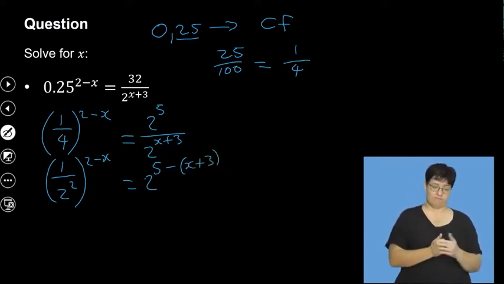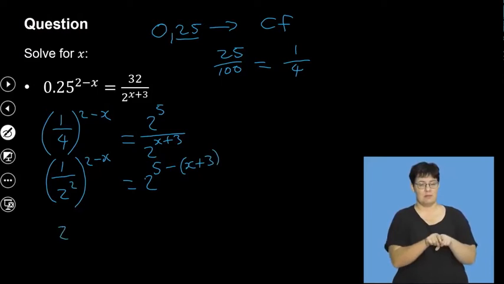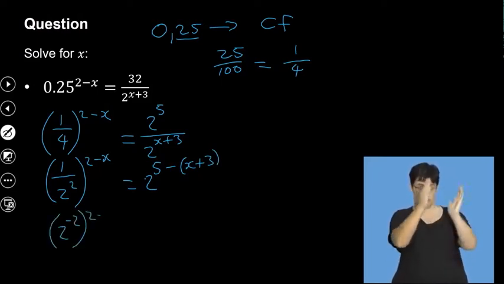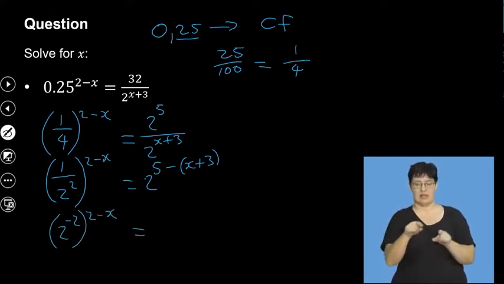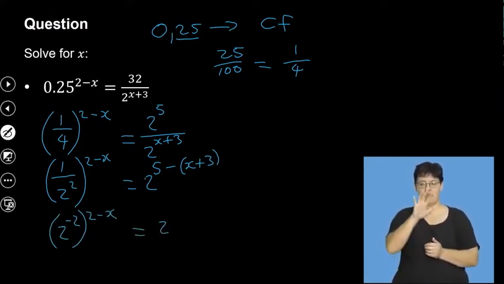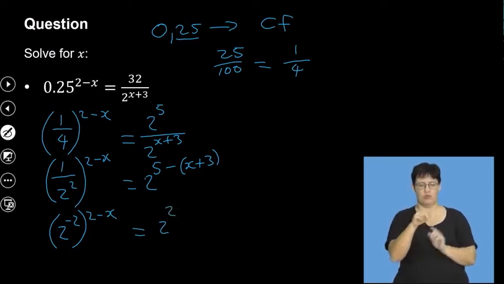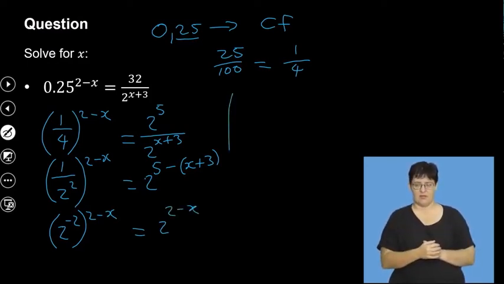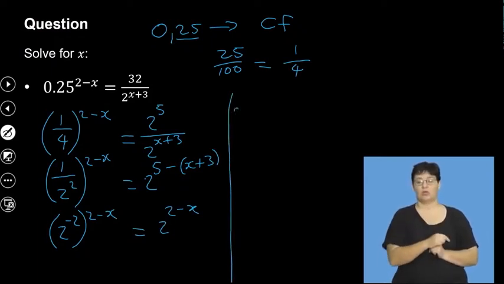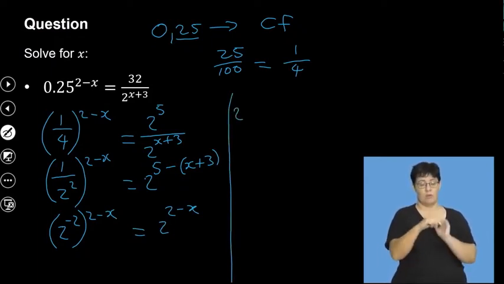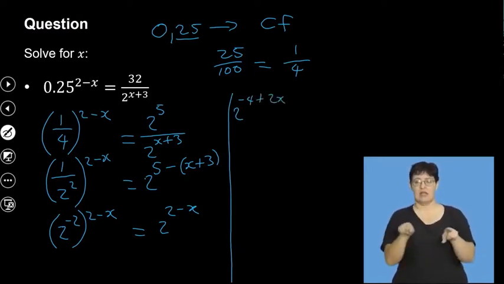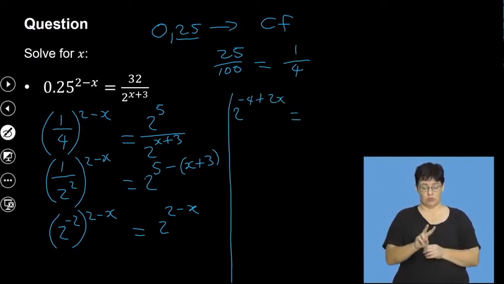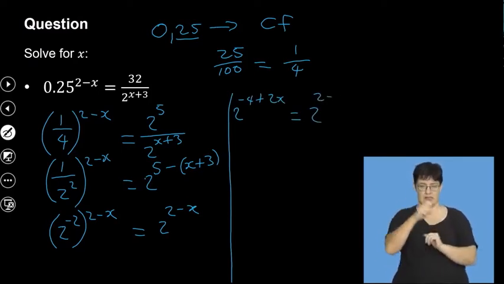And then on the left-hand side, you know that this is going to be the same as negative 2 there as the exponent, and then 2 minus x is equals to 2 to the exponent of 5 minus 3 will be 2 minus x, and then you can then simplify this from there, right? So this will be 2 to the exponent of minus 4 plus 2x equal to 2 to the exponent of 2 minus x.